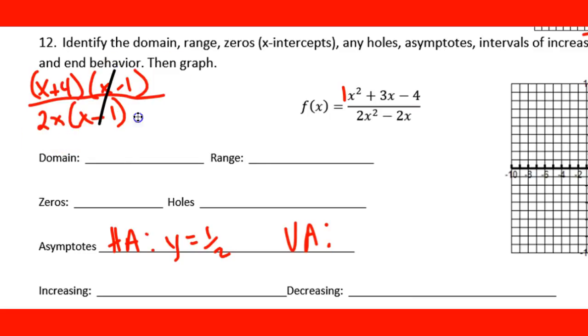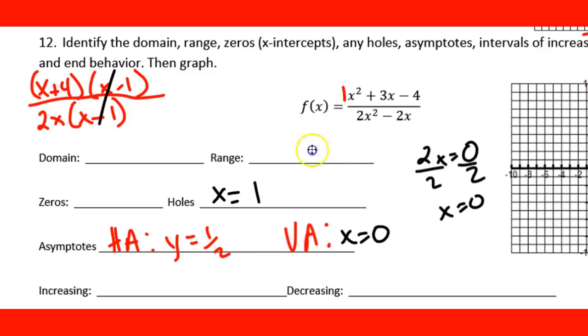So anyway, can I cancel anything? Yes, sir, I can. X minus 1, that is going to be my hole. All right, and then for my vertical asymptote, I have this factor remaining at the bottom. So I take it, set it equal to 0 as we do all our other factors, and solve. Well, 0 divided by 2 is 0. So the vertical asymptote is 0. All right.